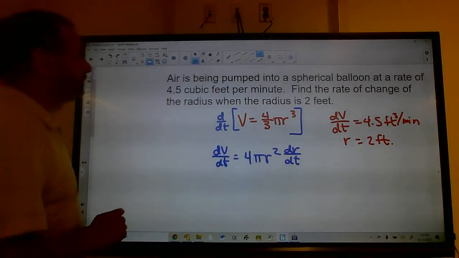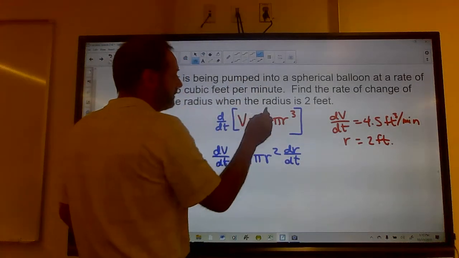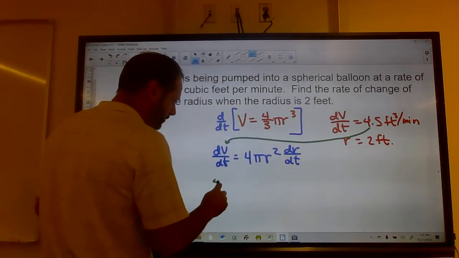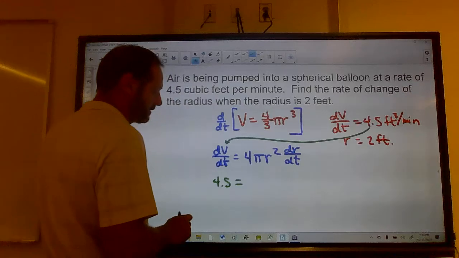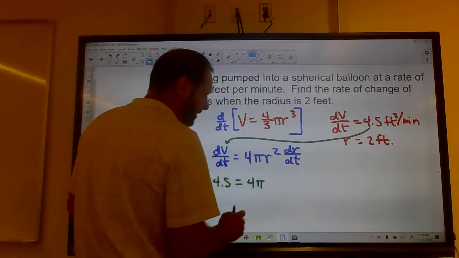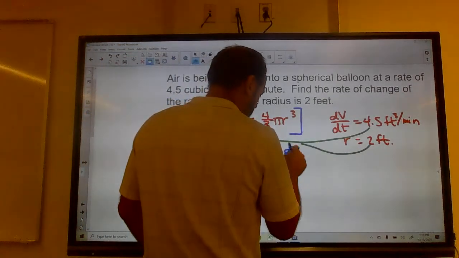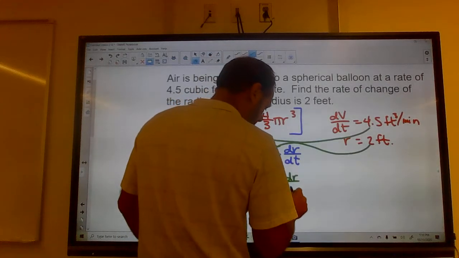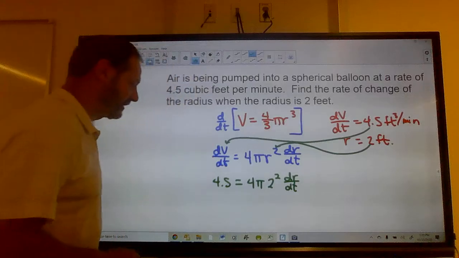All right, so what do I know? Well, I know this goes here, so 4.5 goes there. 4 is just 4, pi is just pi. I know r is 2, so I can put that in here. That's 2 squared dr/dt. So obviously I'm going to be finding dr/dt.